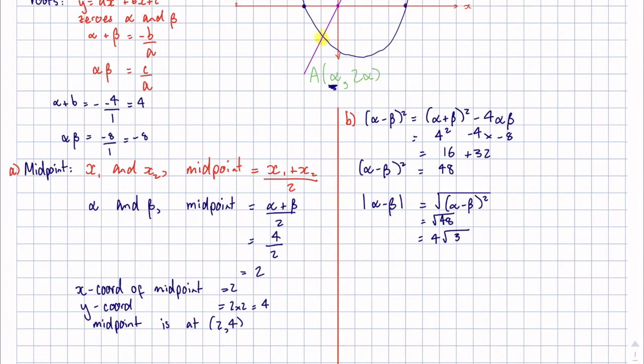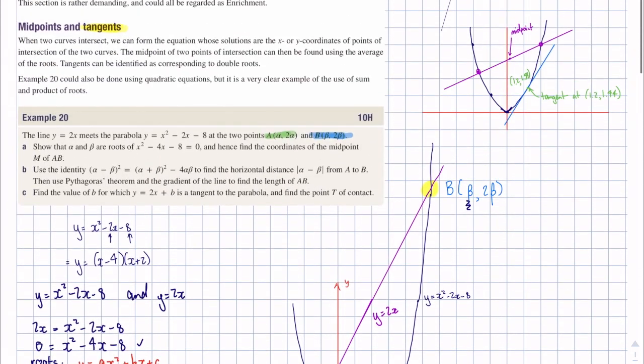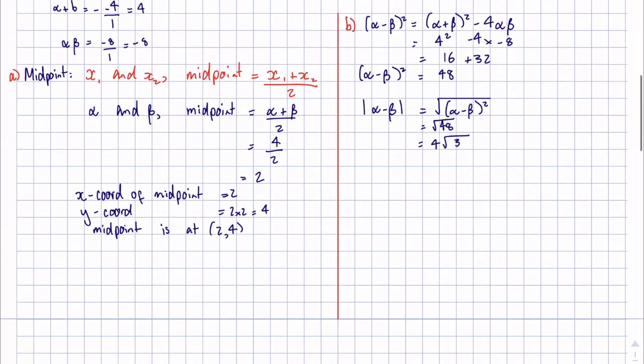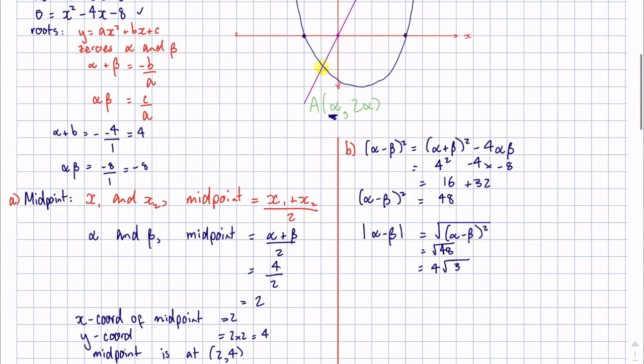Then the question wanted us to use Pythagoras' theorem and the gradient of the line to find the length of AB. So we found the horizontal distance. In our thing, I'm just going to draw it roughly here. We've got this parabola and this straight line.